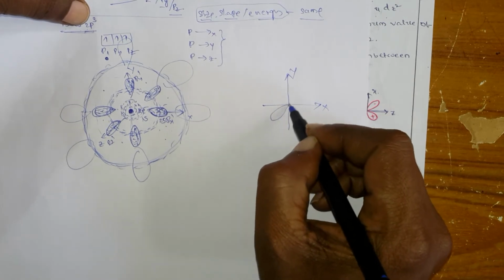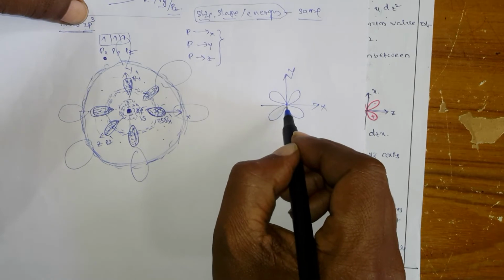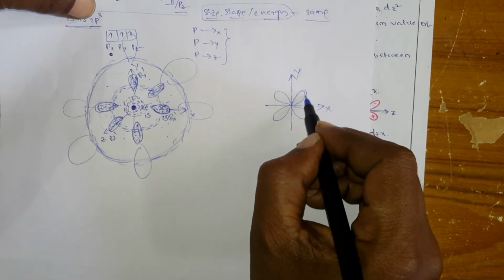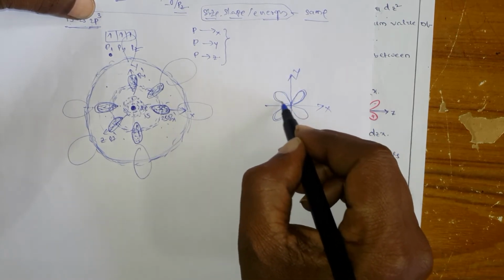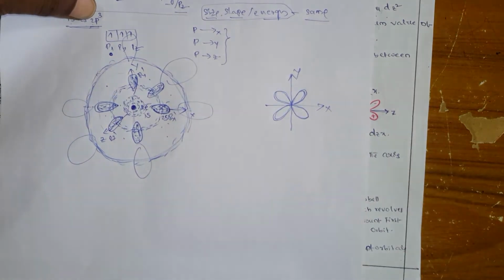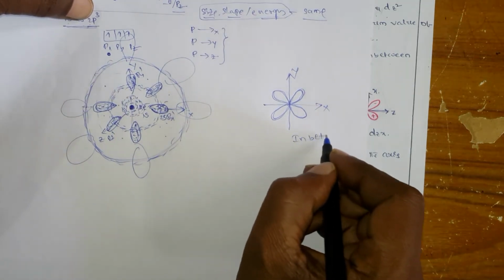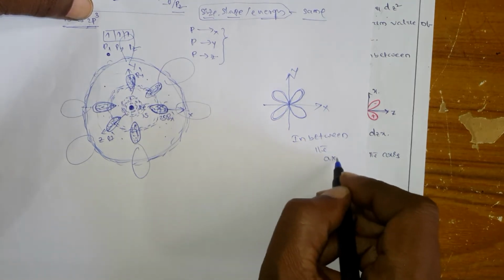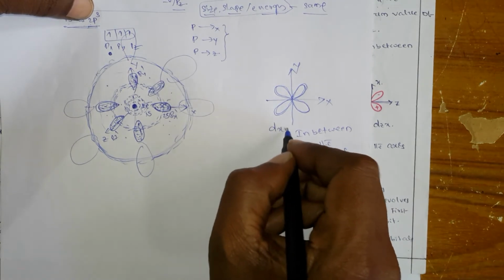This is one lobe and this is another lobe. Earlier px was along the axis, but here these lie in between the axes. This you call a dxy.